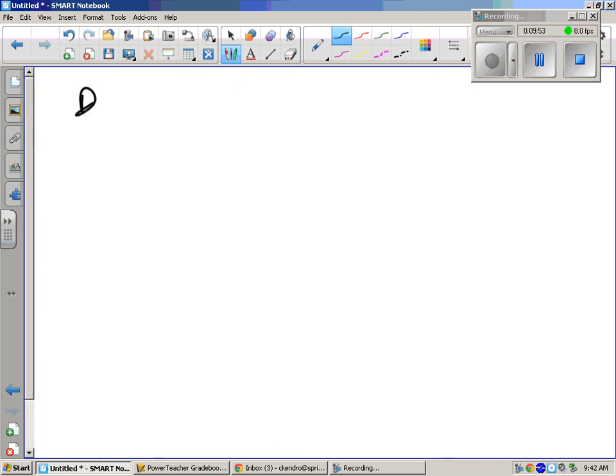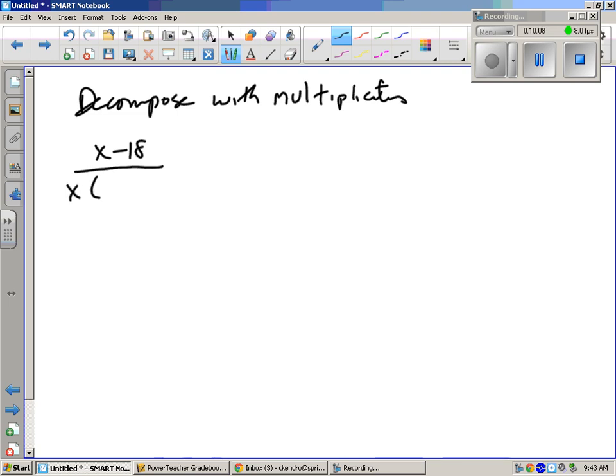This one we're going to decompose, but it's going to be with multiplicities. So the process is a tiny bit different. Let's start out with x minus 18 over x times x minus 3 squared. That squared is our multiplicity.